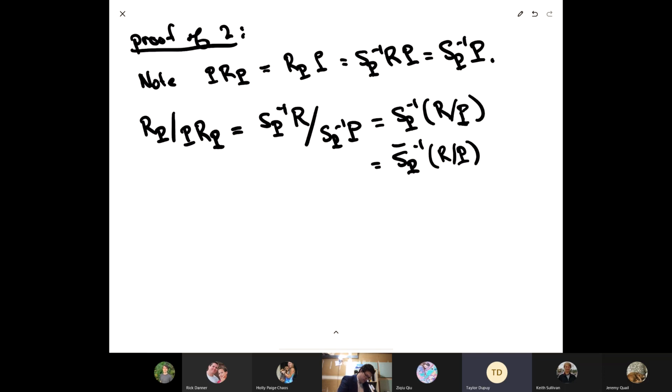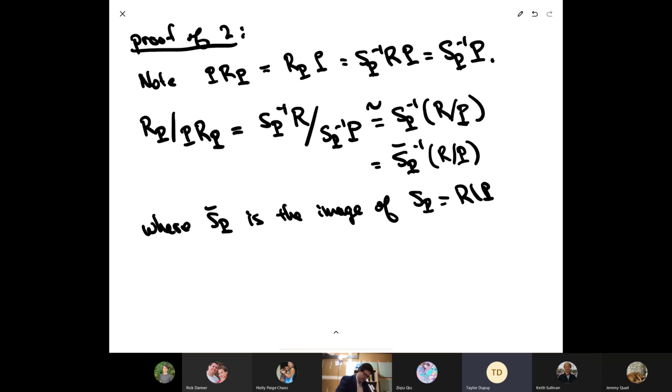This is an isomorphism. So now this is where we use that localization commutes, and S_P bar is the image of S_P, which was just everything not in the ideal, in R mod P.